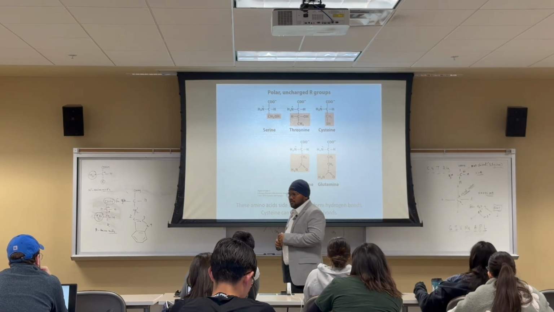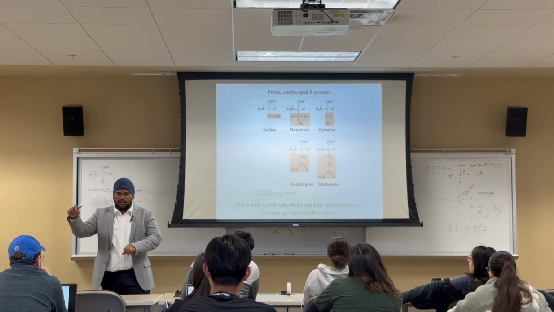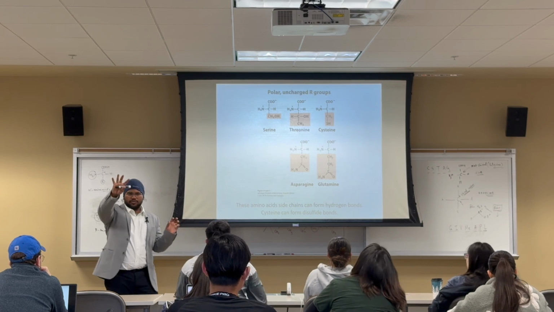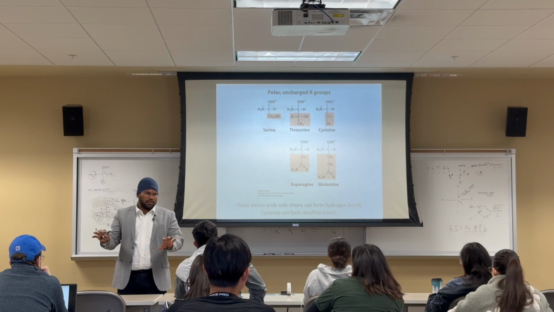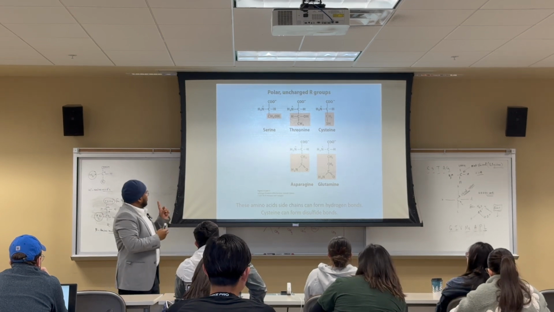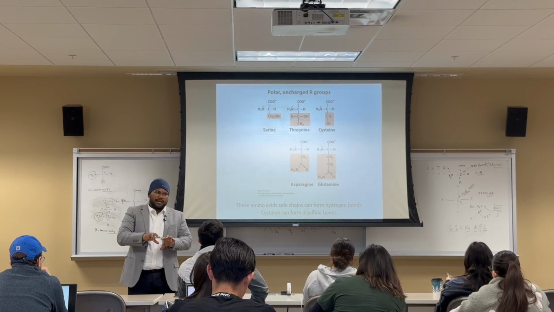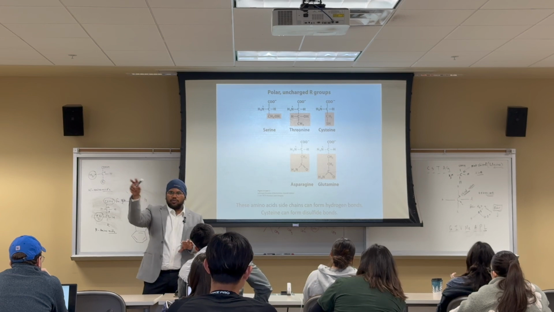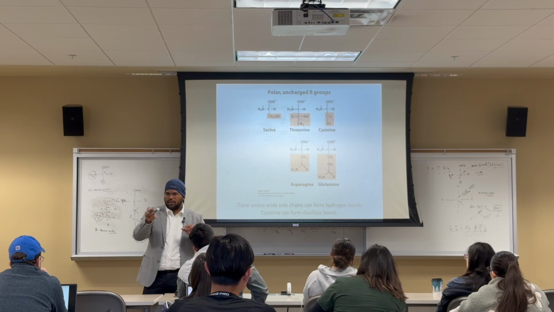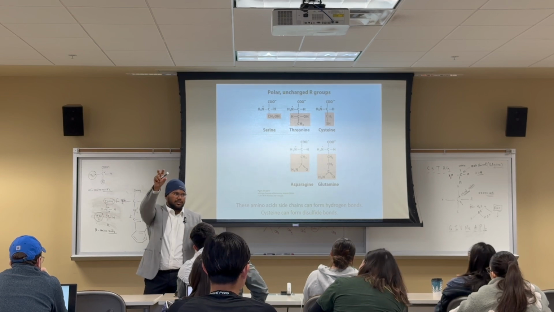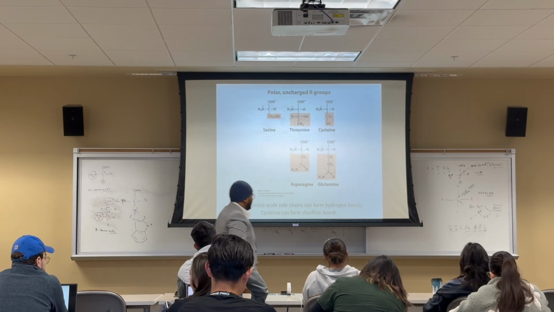Cysteine is CH2SH. Threonine is CHOH CH3. Asparagine is CH2 CO NH2. Glutamine is CH2 CH2 CO NH2. One more time. Serine is CH2OH. Cysteine CH2SH. Threonine CHOH CH3. Asparagine CH2 CO NH2. Glutamine CH2 CH2 CO NH2. That's it. Up to here we're clear.